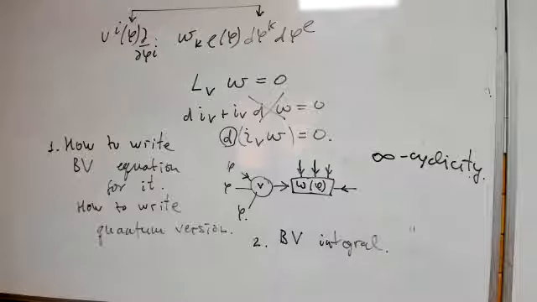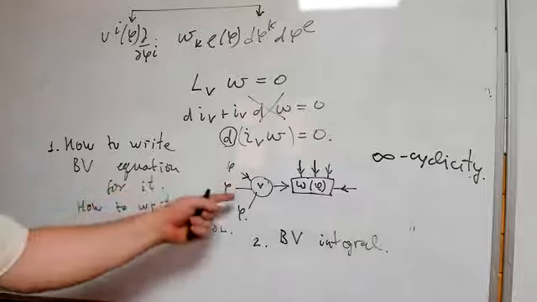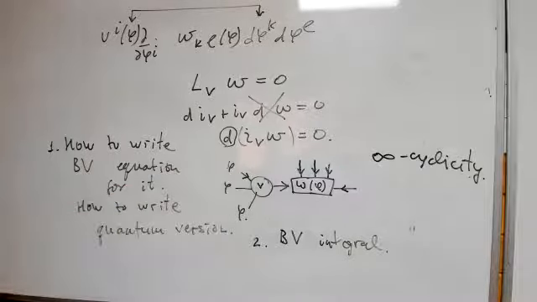But still there are two things. The first thing is what I called the Z2 projection. Unfortunately, it doesn't have a standard name in the literature. And the second thing is the BV integral.